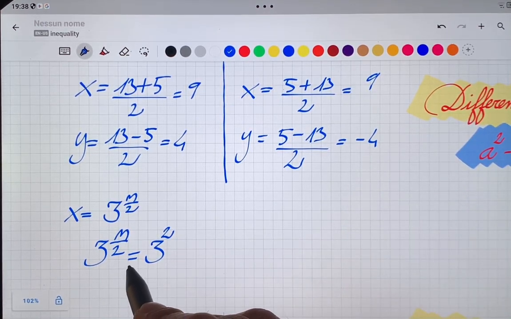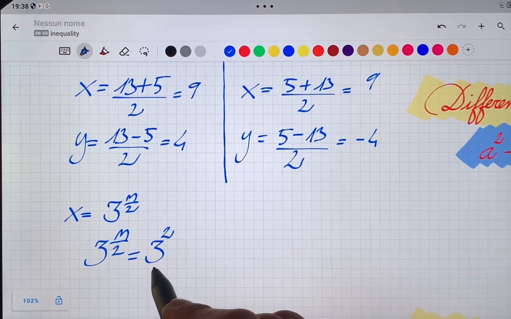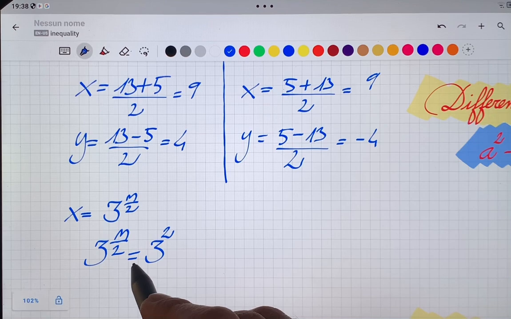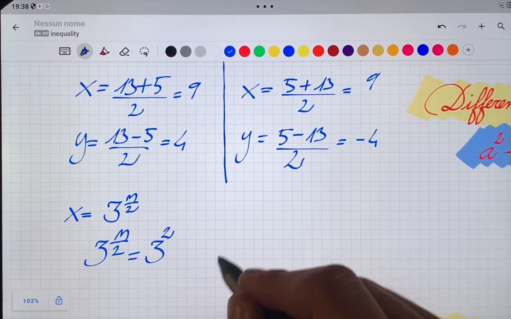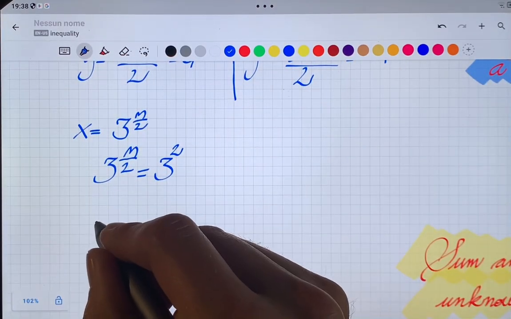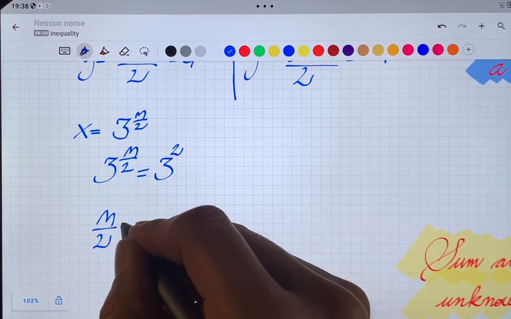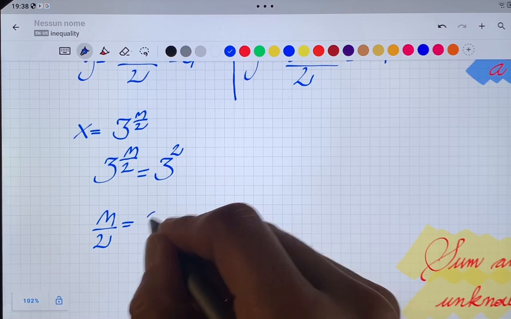Now, in this case, we have two powers that have the same base and they are equal. So, that means they must have the same exponents. So, n over 2 is equal to 2.